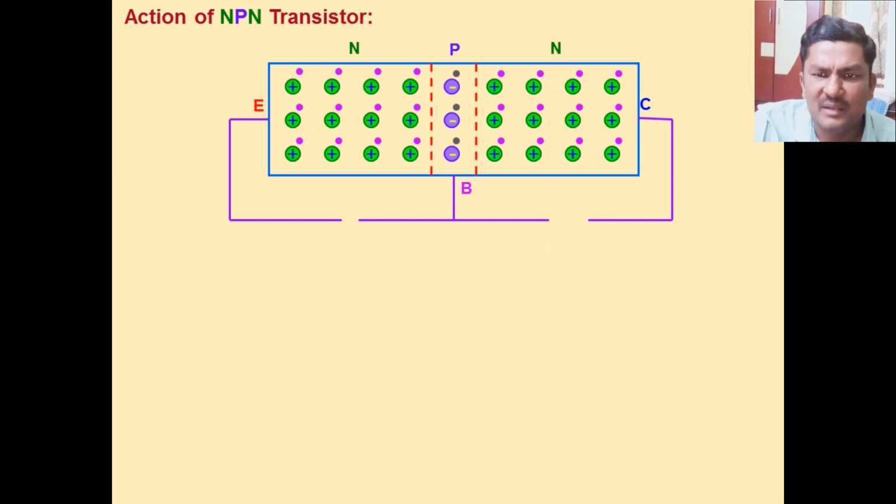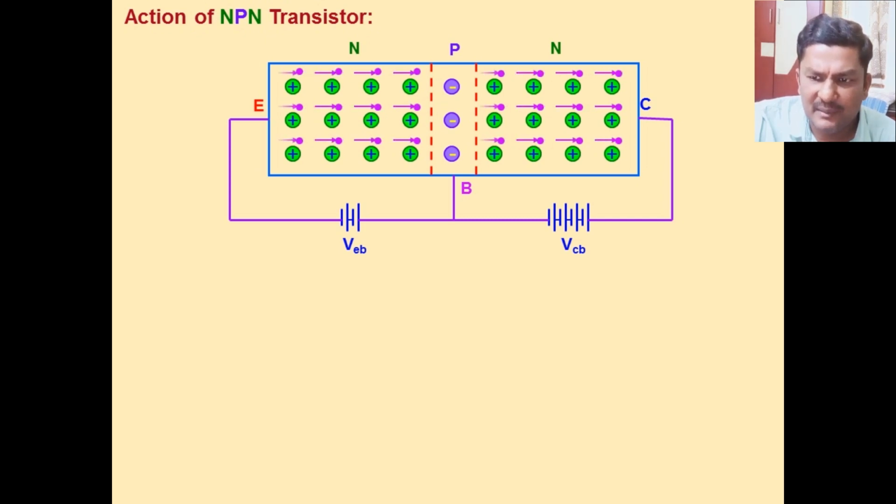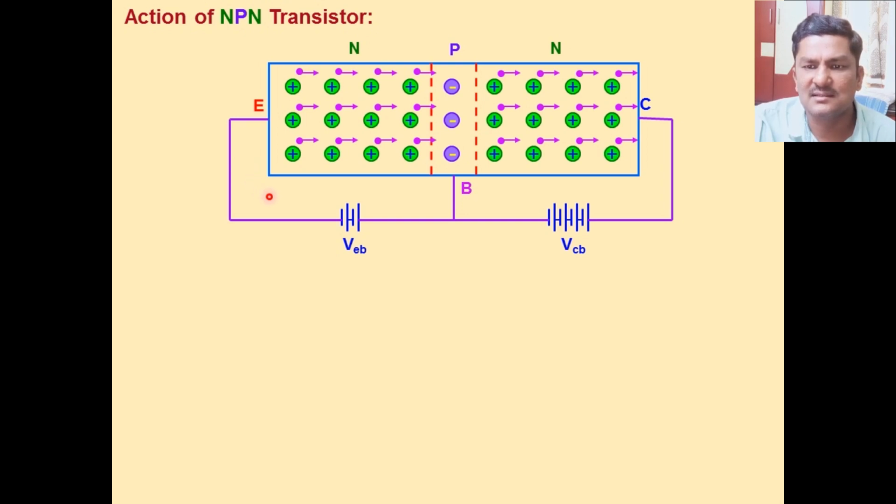Working of an NPN transistor. The emitter-base junction is connected in forward bias and the base-collector junction is in reverse bias. The emitter is heavily doped, so there is availability of majority charge carriers, which are electrons since it is n-type.